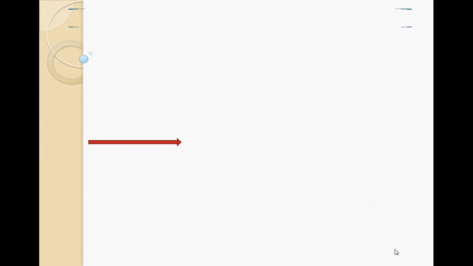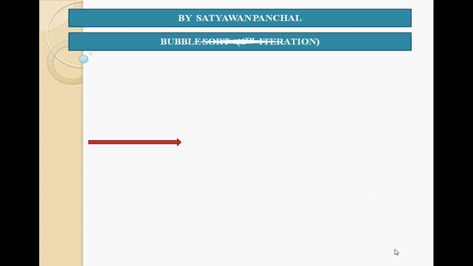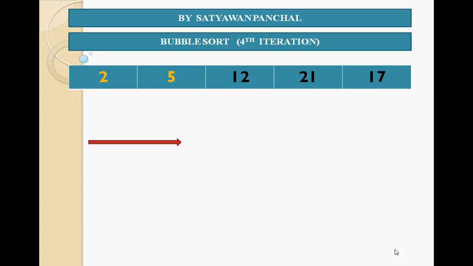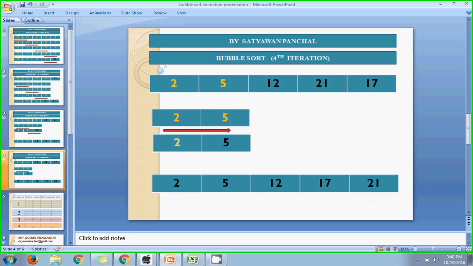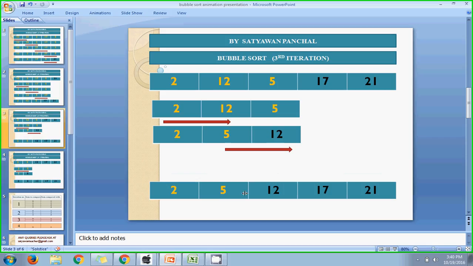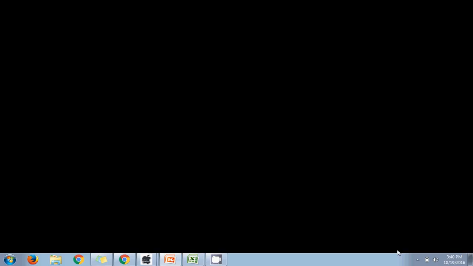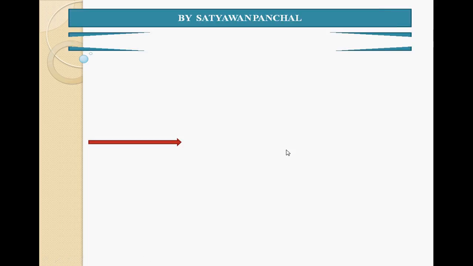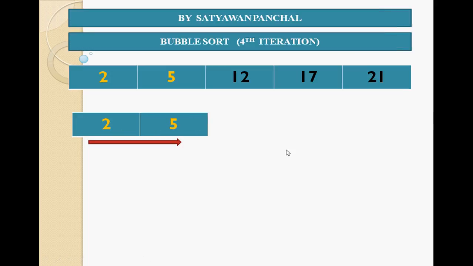Now next we proceed with the fourth iteration. Here we have the elements in the fourth iteration. If you see here, the elements 12, 17 and 21 are fixed, and in the next iteration only the first elements are left, that is 2 is compared with 5 and 5 is already heavier.